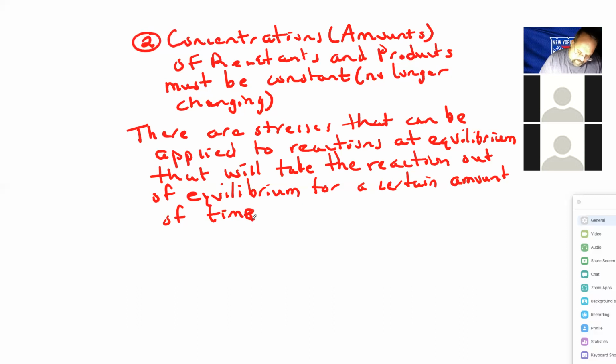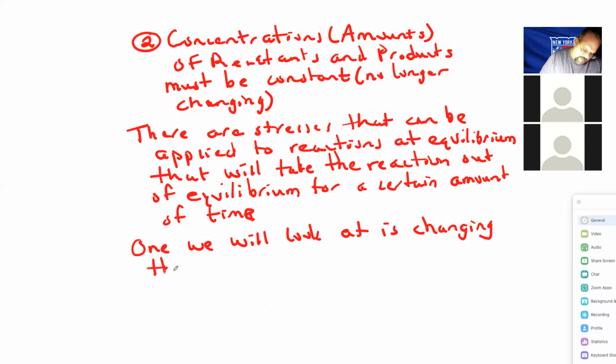The one we will look at is changing the amount of reactant or product.